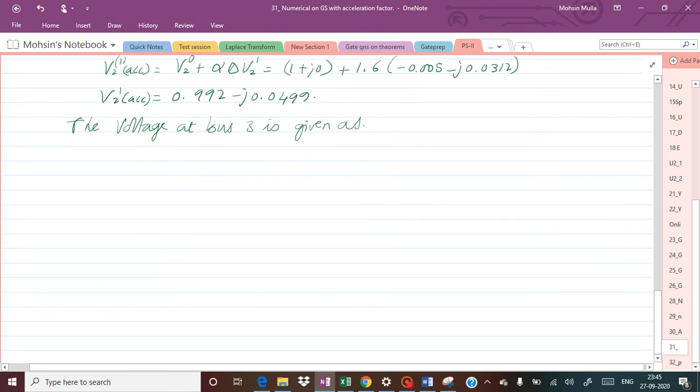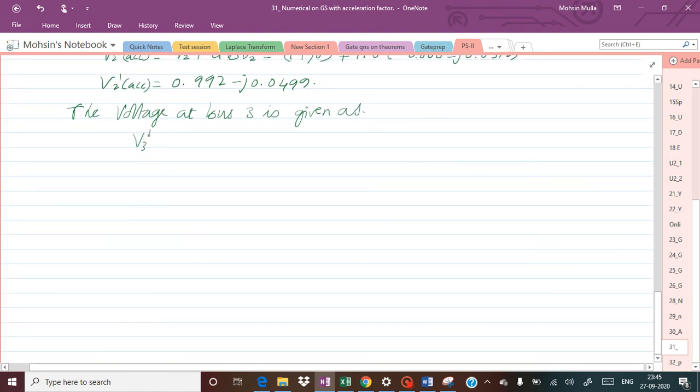Given as, since it is the first iteration, V3 of 1 equals 1 over Y33, because it is Yii, into the bracket (P3 minus jQ3) divided by V3 of 0 conjugate, minus, here i is 3, so 1, 2, 3, so 3 will be outside, therefore terms 1 and 2 will be there: Y31 V1 minus Y32 V2.